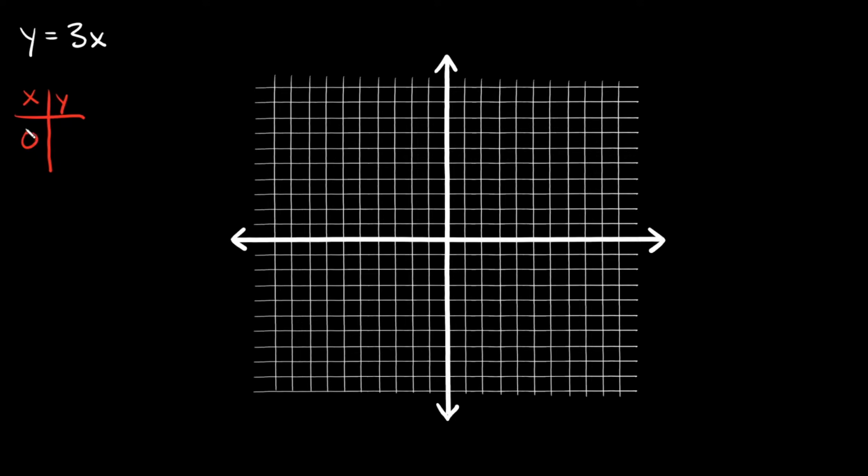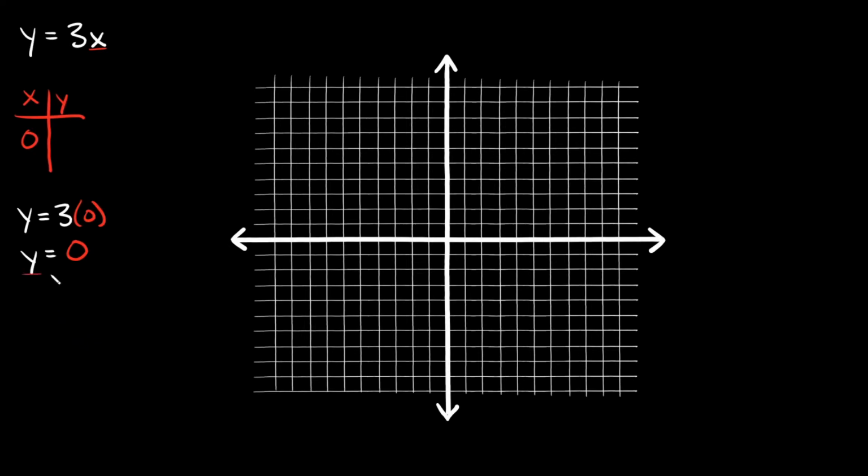Since I put a 0 in my x column, that means I'm going to plug in a 0 for my x right here. So we're going to say y = 3 times x, but for x, we're going to plug in our 0. So 3 times 0 is just equal to 0, so y = 0.